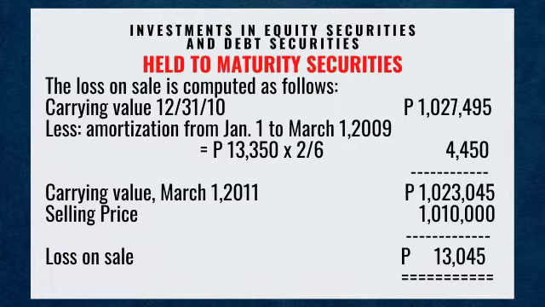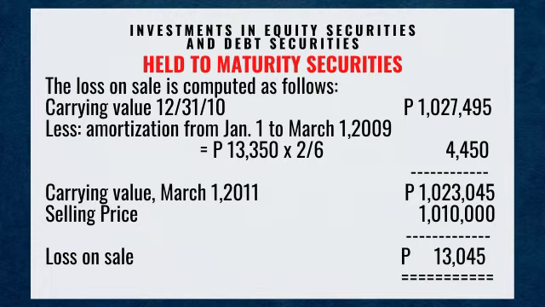The loss on sale is computed as follows. Carrying value December 31st, 2010, 1,027,495 pesos. Less amortization from January 1st to March 1st, 2011, equals 13,350 pesos times 2 divided by 6, which equals 4,450 pesos.